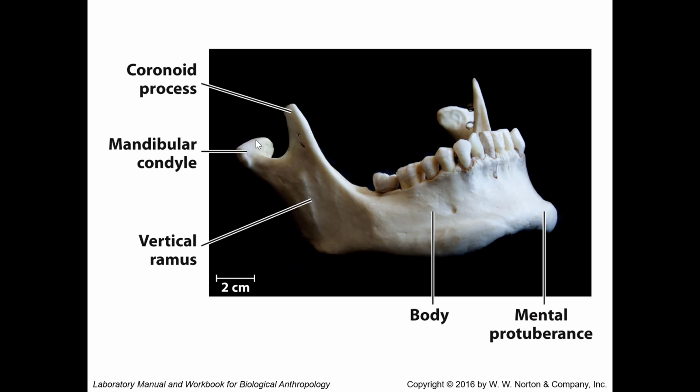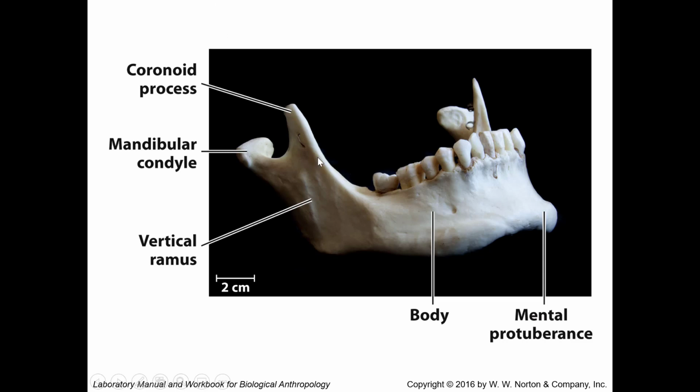On each side of the mandible, anterior and superior to the vertical ramus, is the coronoid process. The coronoid process is a thin, flat, triangular-shaped eminence, and this serves as an attachment site for chewing muscles. Our chewing muscles will attach here, and they will extend all the way up onto our cranium.